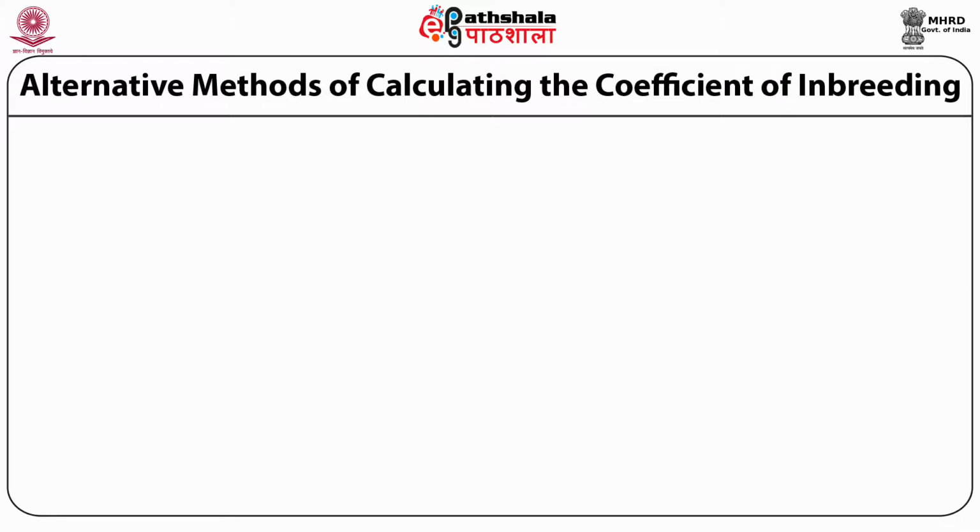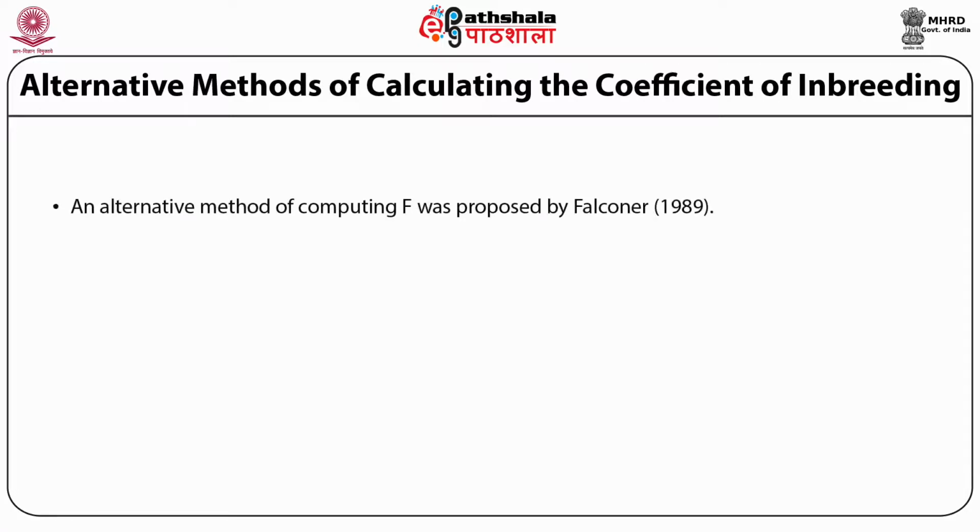Alternative methods of calculating the coefficient of inbreeding. Falconer 1989 had provided an alternative method of computing F, which is as follows.